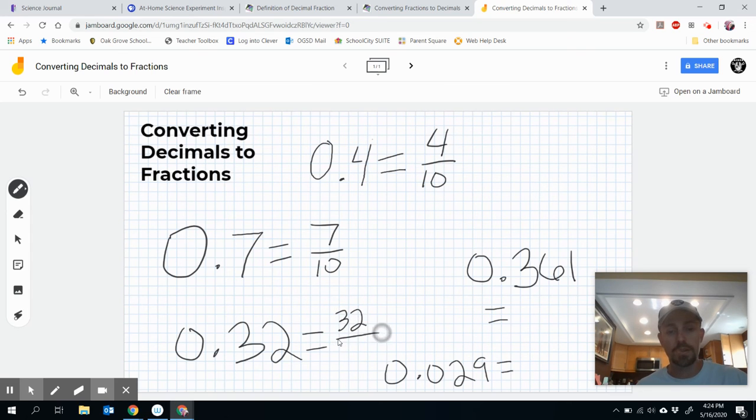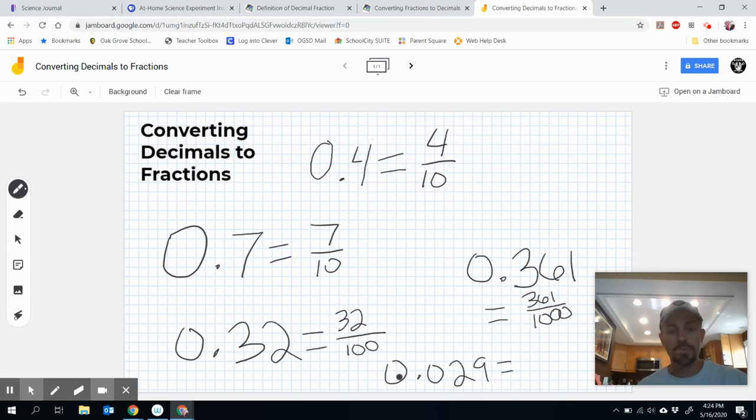You get 32 over 100. Right over here, 0.361. Ones column, 10th column, 100th column, 1,000th column. So you take 361 over 1,000 for your denominator. So that is 361 thousandths.